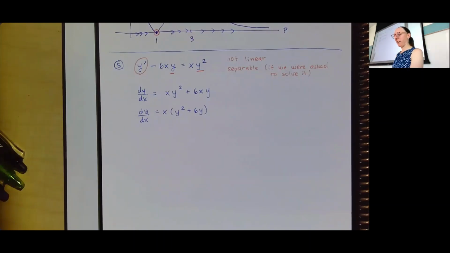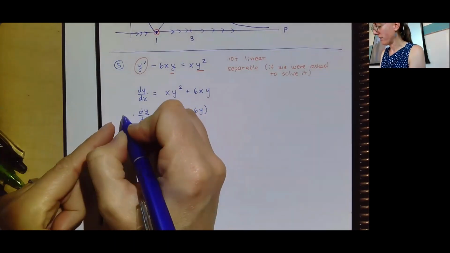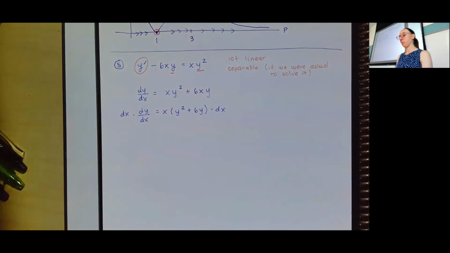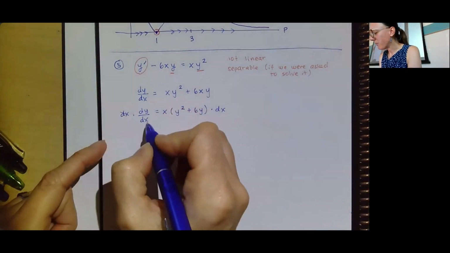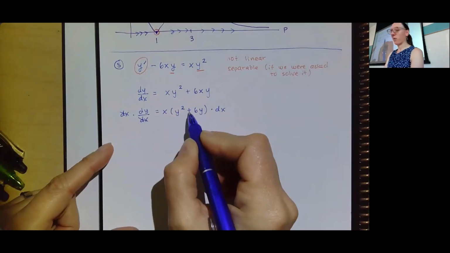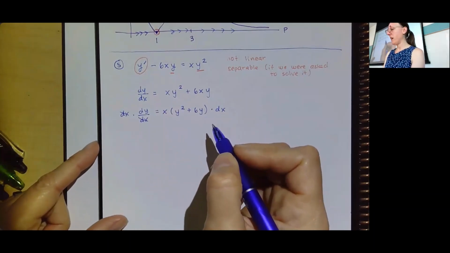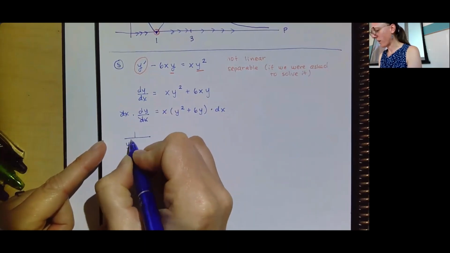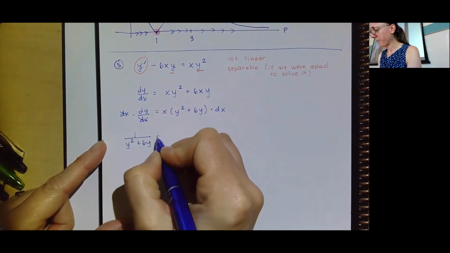So I know that if I'm going to separate it, I don't get a choice of which side my x's go on, which is kind of unfortunate for this problem because it means that I'm dividing the whole thing by y squared plus 6y. And it is important that we are dividing the whole thing by y squared plus 6y.